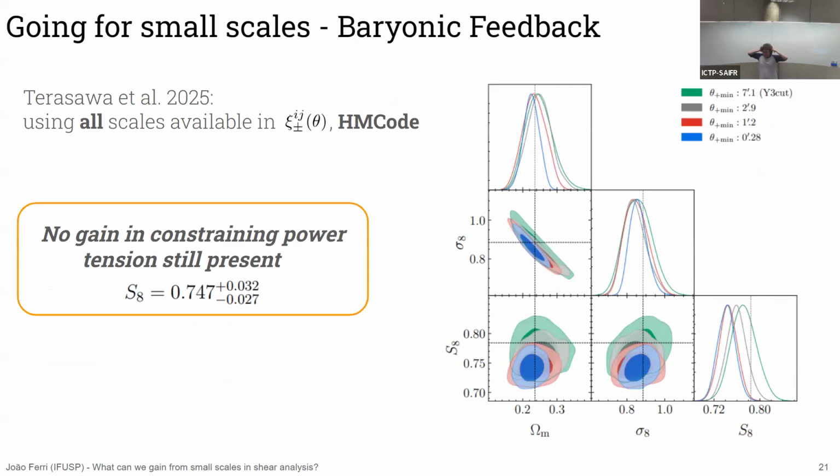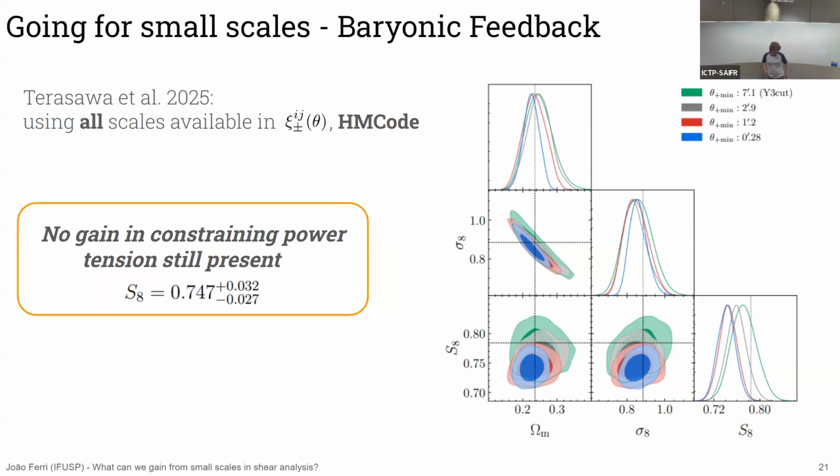Now, what happens if you reanalyze HSC real data without excluding anything, without making scale cuts? This is something that Yo Terasawa, a colleague of mine at Kavli, already answered. If you use HMcode and don't make any scale cut, first, there's no gain in constraining power for any of the HSC parameters, and the tension is still present.